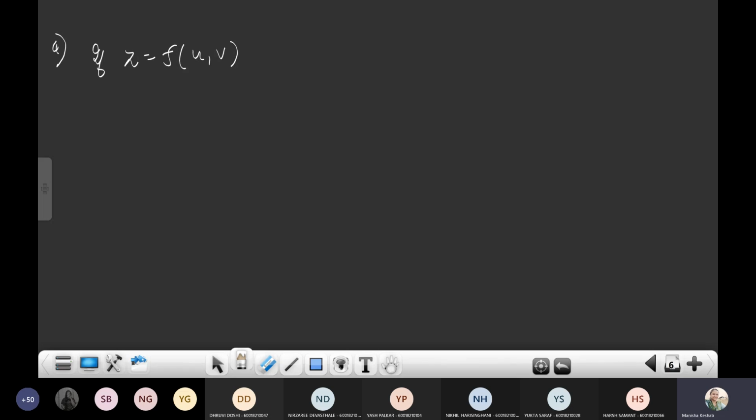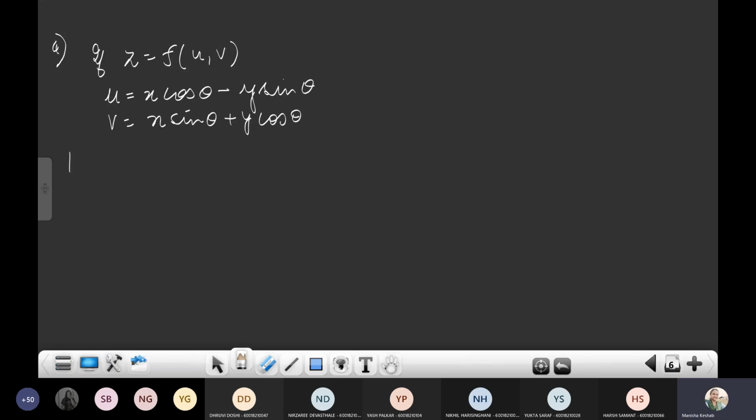तो फिर ये first order में जो हम लोग प्रोसेस कर रहे हैं, second order में भी वही हम फॉलो करेंगे. So z is equal to f of u, v, and u is given as x cos theta minus y sin theta, and v is equal to x sin theta plus y cos theta.